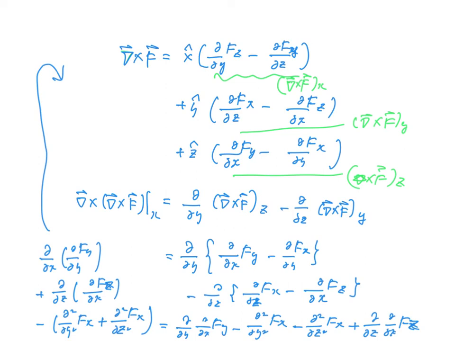So we have partial x partial y partial fy plus partial z partial fz minus partial z square partial square fx.